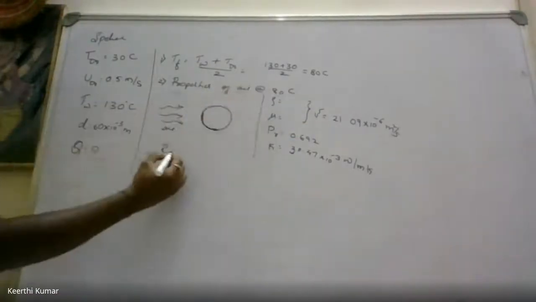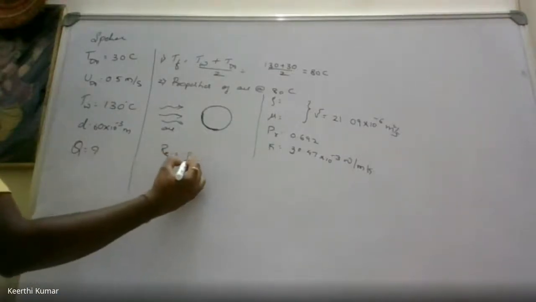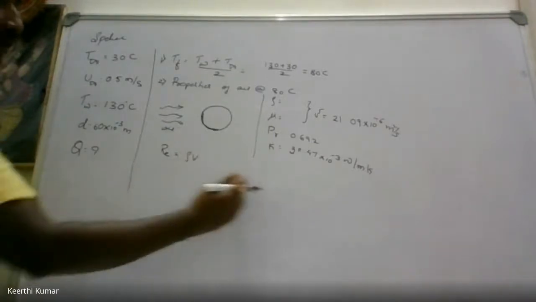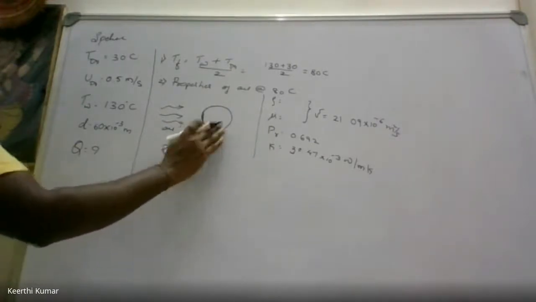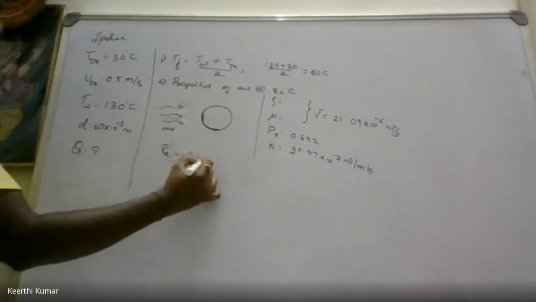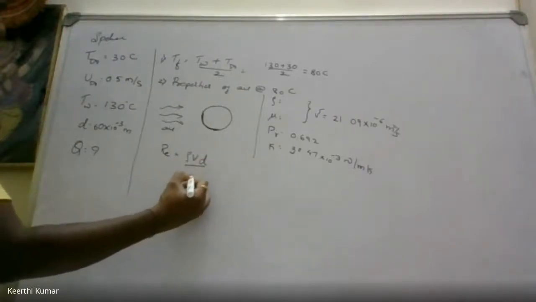Once you know the properties, we go for the Reynolds number. What is the Reynolds number? Rho V L by mu till now, because L was the length of the plate. Now it is given with respect to the sphere or cylinder, so instead of L, we take rho V D by mu.